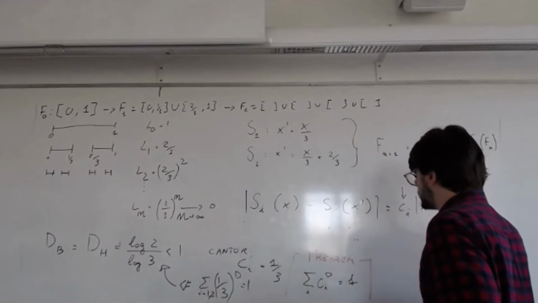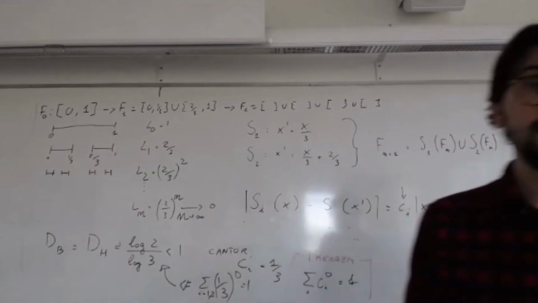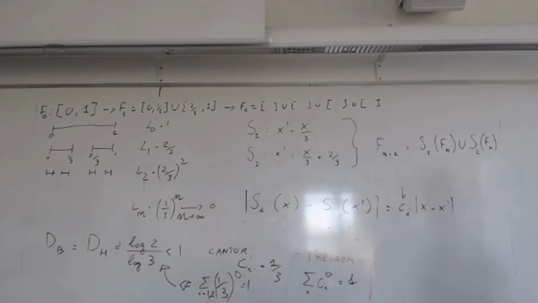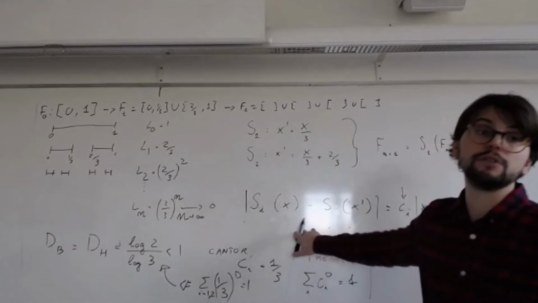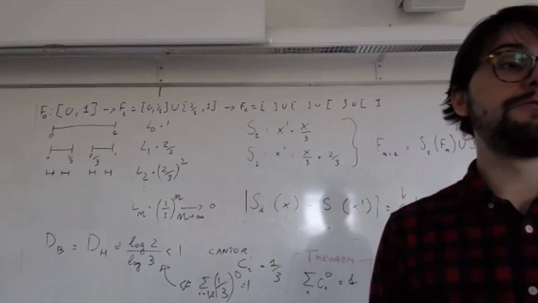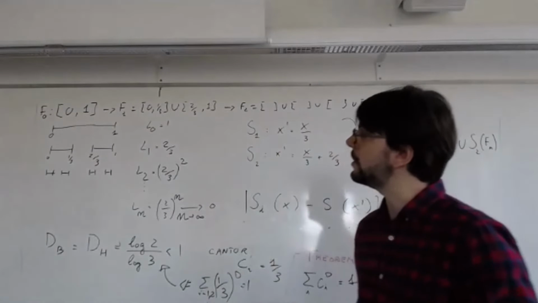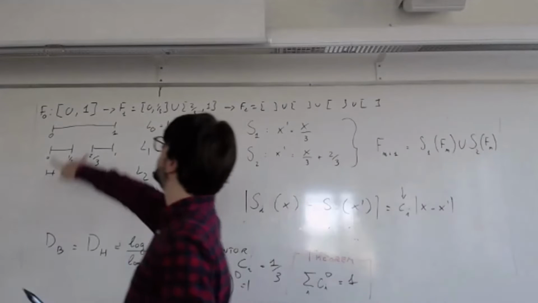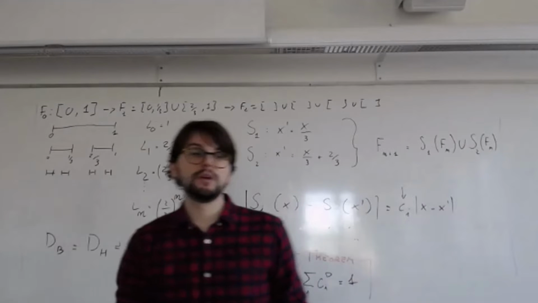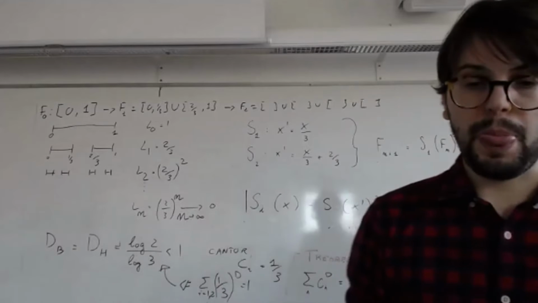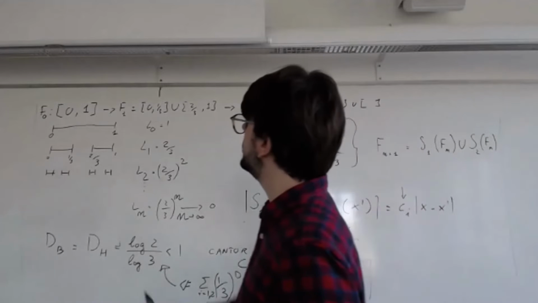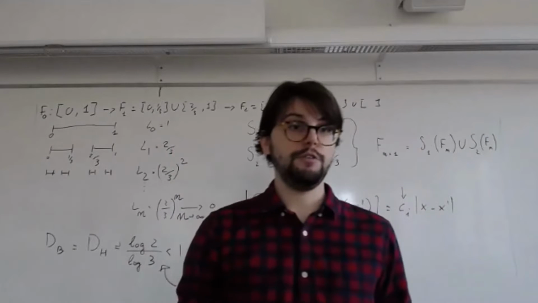In the case of the Koch curve, I can pull up a very similar definition, but I will have 4 pieces, because in the Koch curve, I take the interval 0, 1, and I map it to something which has length 4.